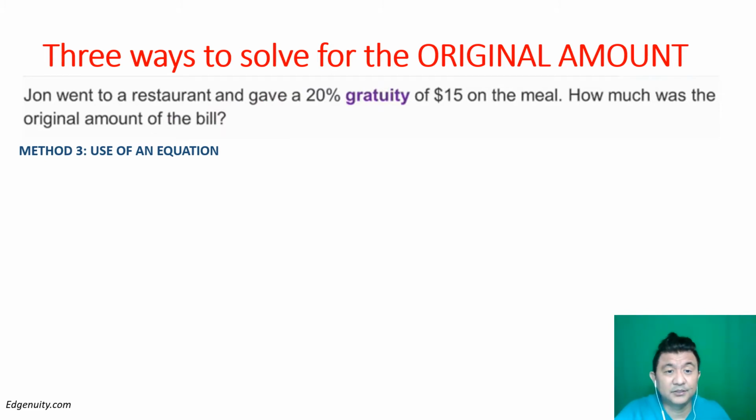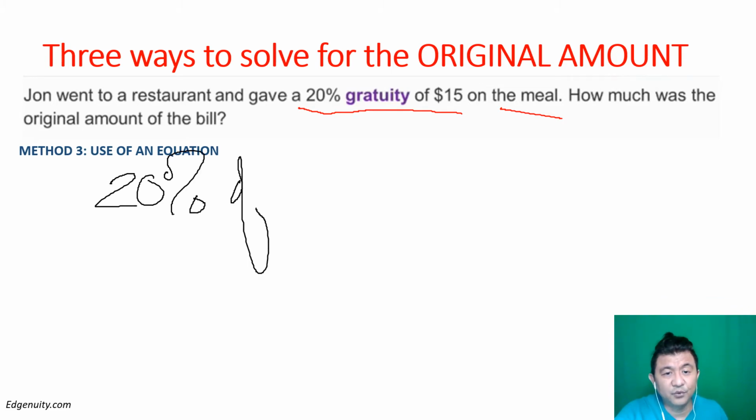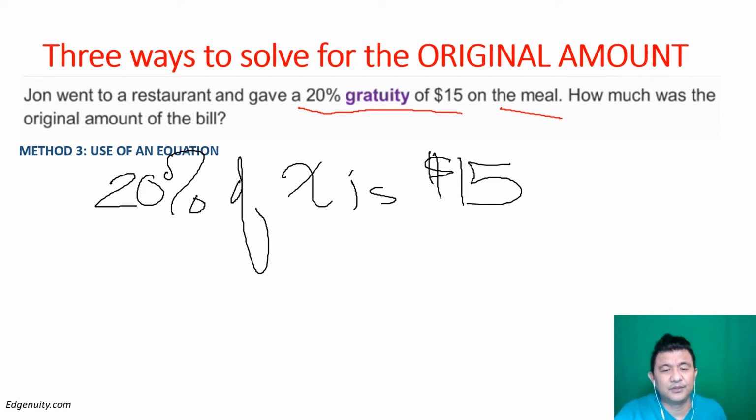The third method is the use of an equation. Okay, you'll make your equation based on the problem. 20% gratuity of 15 on the meal. So what are you solving for? You want to write a statement: 20% of x, the missing number, is how much? $15, right? You cannot use the percent, so change it to a decimal, 0.20.